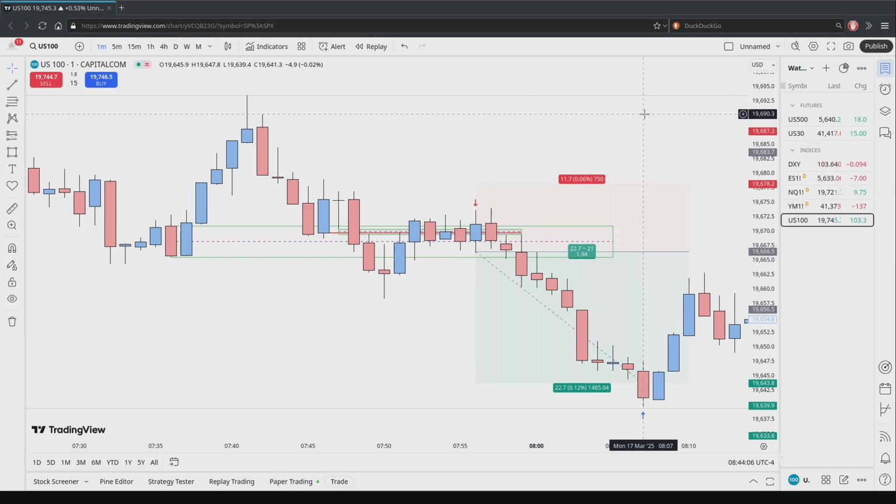So that's something that you have to push into. You're going to have to push through that fear of losing, and it's going to cause you to doubt taking your entry, and you're going to miss trades because of that.